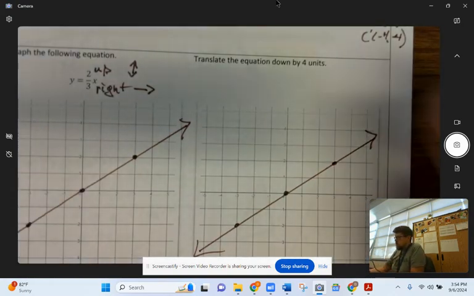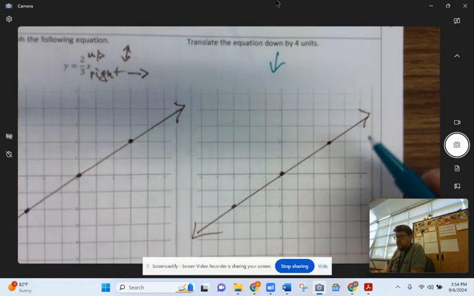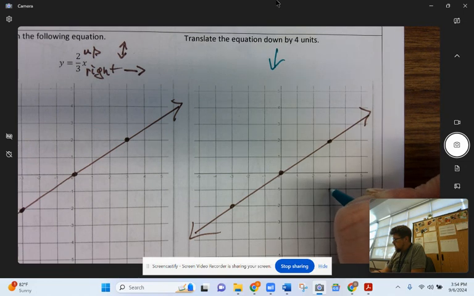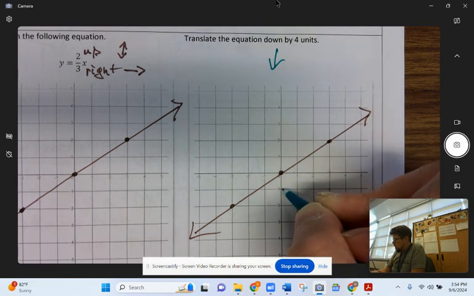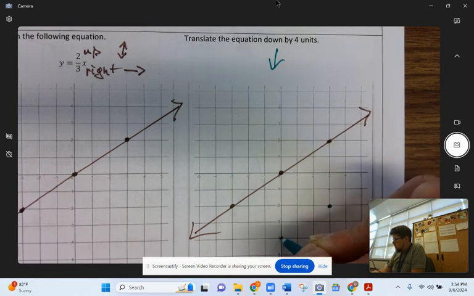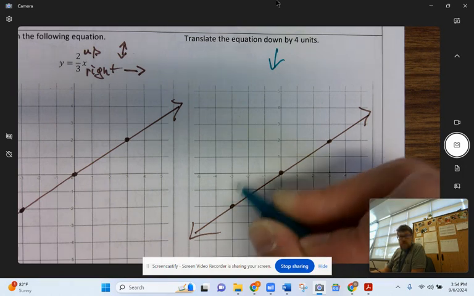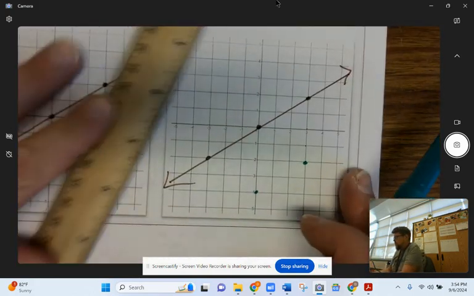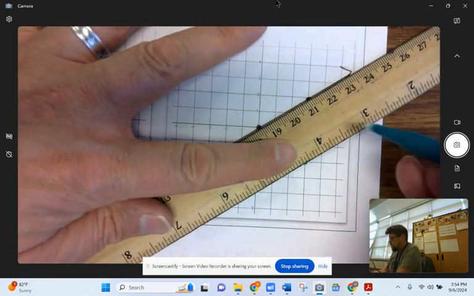We're just going to take each point and move it down 4. So 1, 2, 3, 4. 1, 2, 3, 4. And then this one would go off the grid, so we're not going to worry about that, because technically all you need to draw a line is 2 points, and we have 2 points.